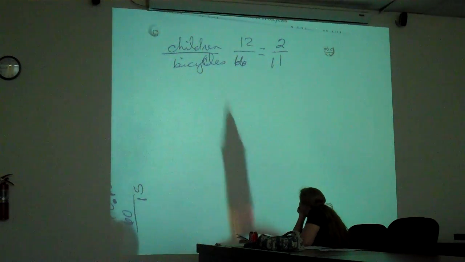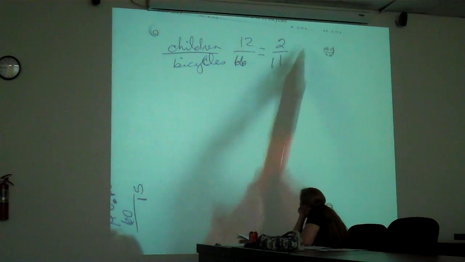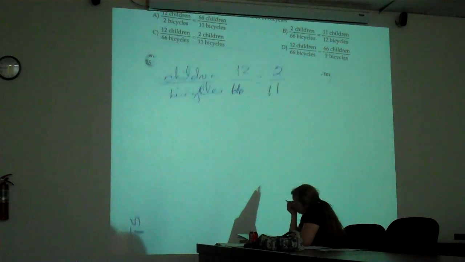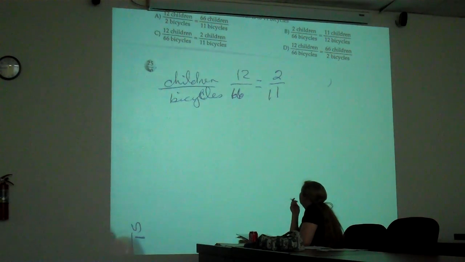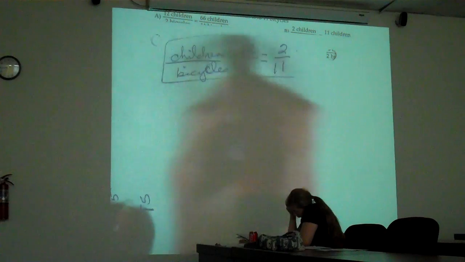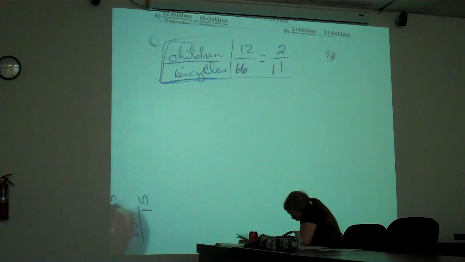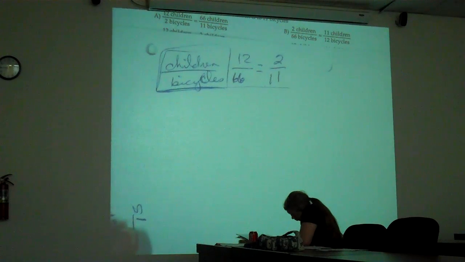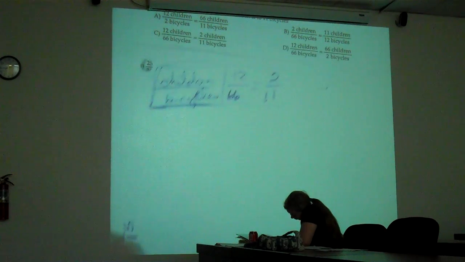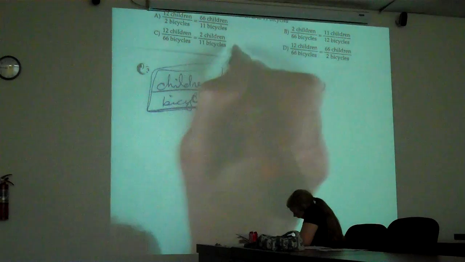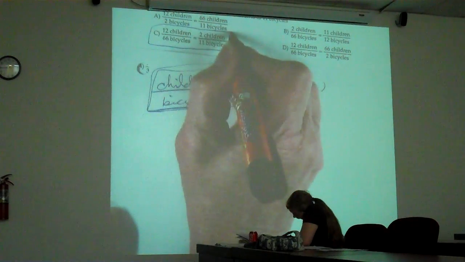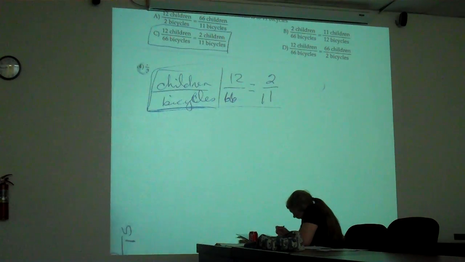You can do it like that, or you can write children, bicycles after both of them. See, they put children, bicycles after both of them. This is how I taught you, put it in the front. Then you don't have to write it twice. So 12 children to 66 bicycles is the same as 2 children to 11 bicycles.